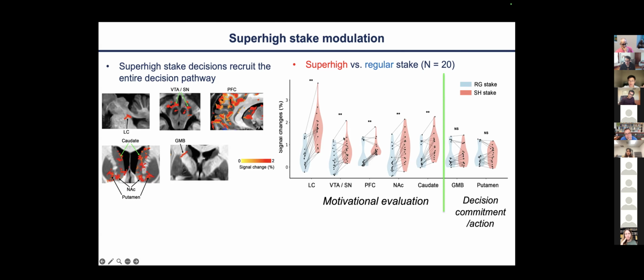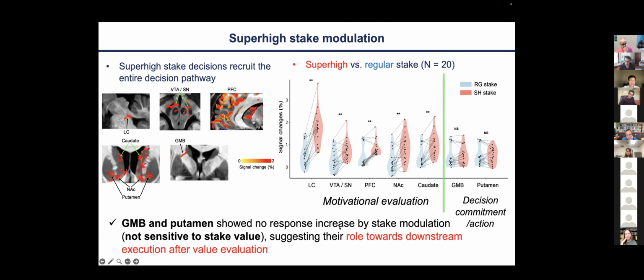So all those regions will be sensitive to the stake value. But on the right side, the gray matter bridge and putamen are insensitive to the stake value, suggesting their role is more towards the downstream execution after evaluation.